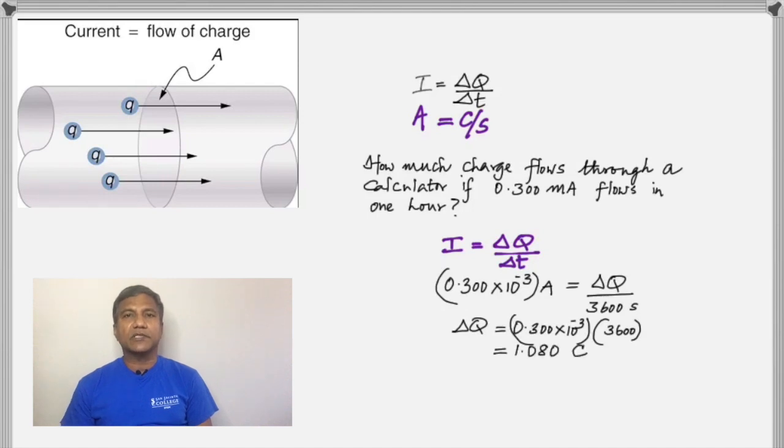When you rearrange and calculate, you multiply it and get 1.080 coulombs. That's the charge that flows through the calculator in 1 hour. Remember, in 1 whole hour, it's only about 1 coulomb that flows through the calculator, showing already that 1 coulomb is a huge quantity of charge.